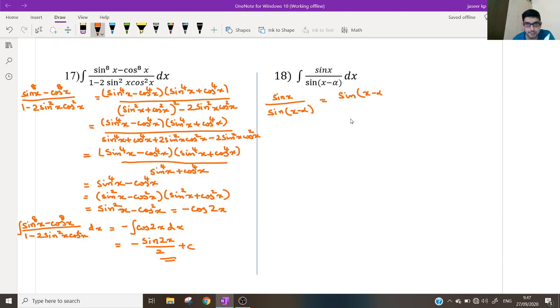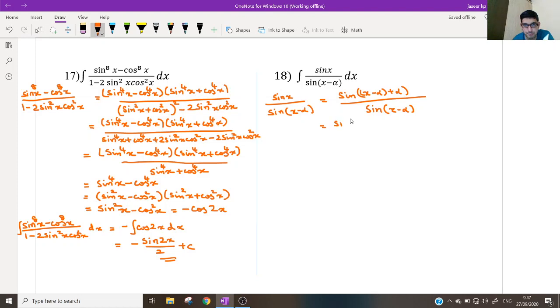Let us write it as x minus alpha plus alpha, divided by sine x minus alpha.